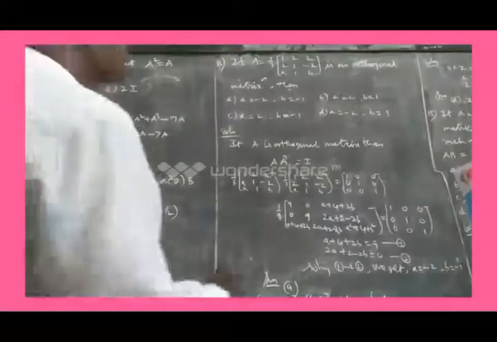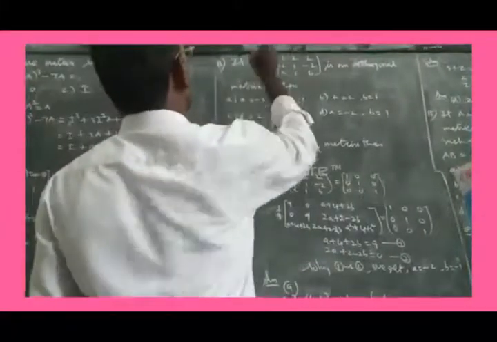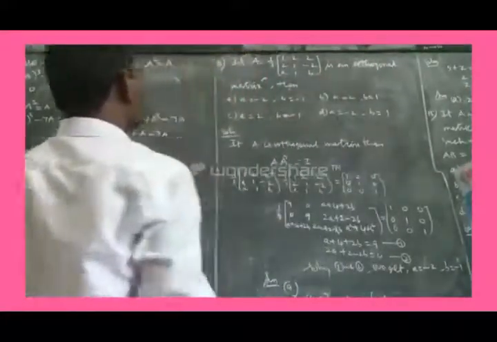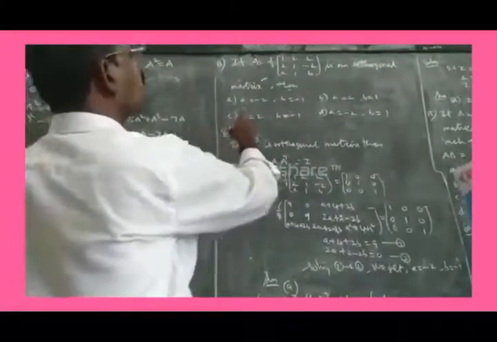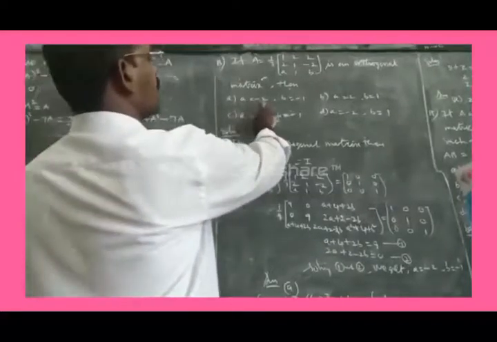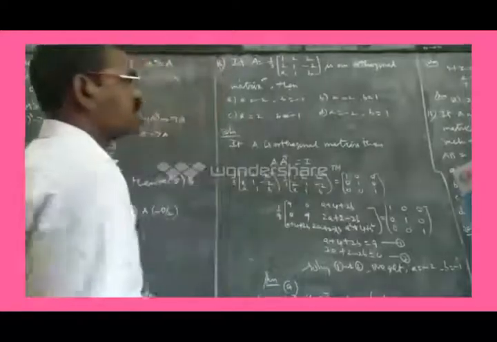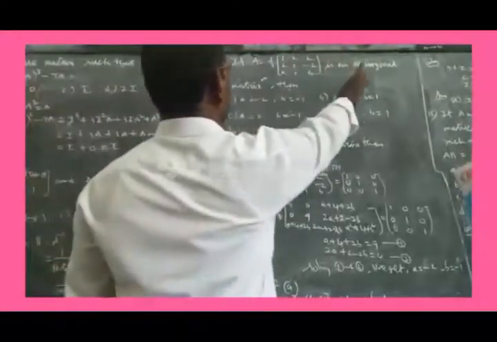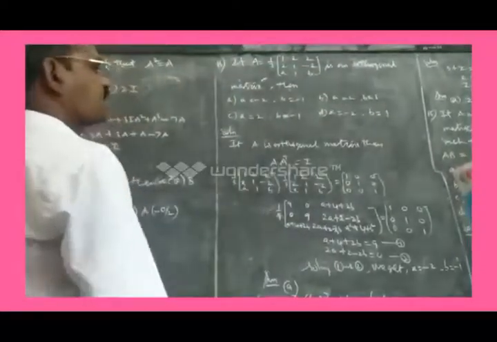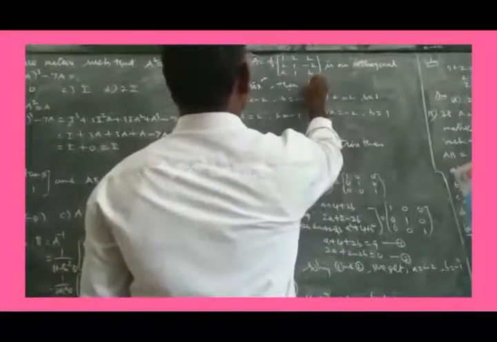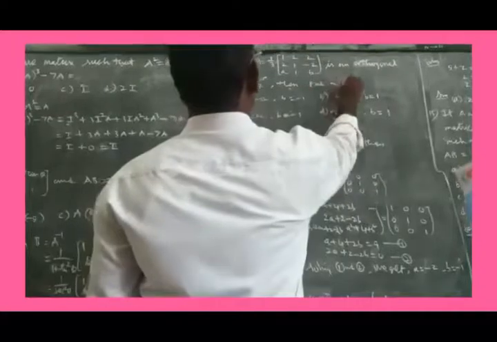So that is one. If A equal to 1 by 3 into the matrix is an orthogonal matrix, then find A, B. Options: A minus 2, B minus 1, option B, option C, option D. So A is an orthogonal matrix.